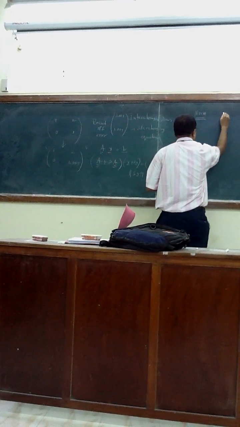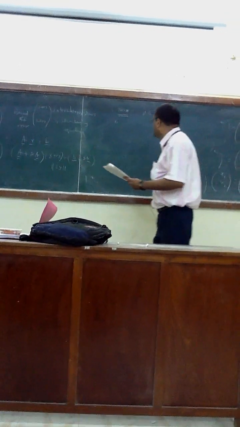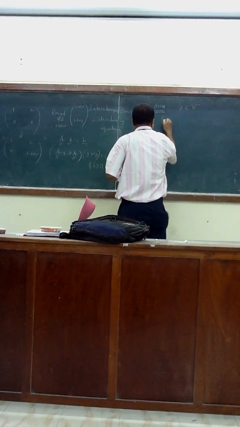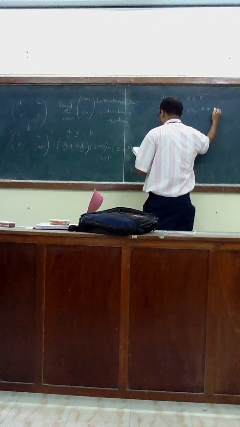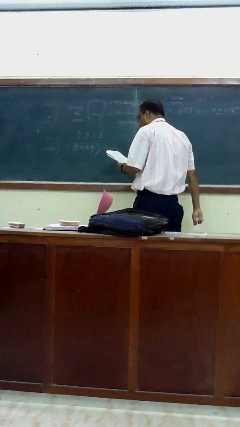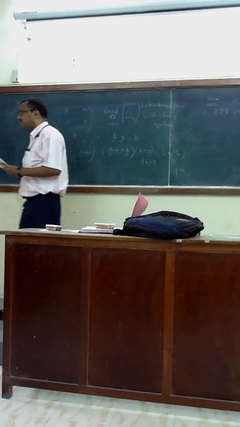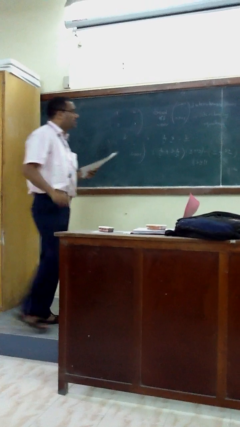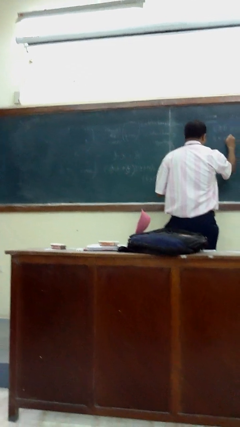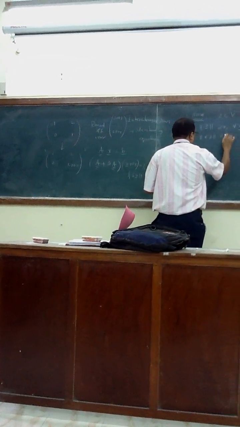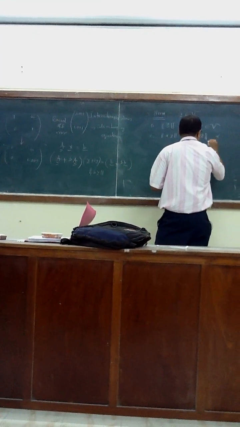So if B is a vector, B belongs to capital B, long back we did, maybe a few decades back, the norm of B is greater than 0 for all B belonging to capital B. Equality holds if B equals 0. Number 2: the norm of alpha B equals the modulus of alpha times the norm of B, for alpha belonging to what?